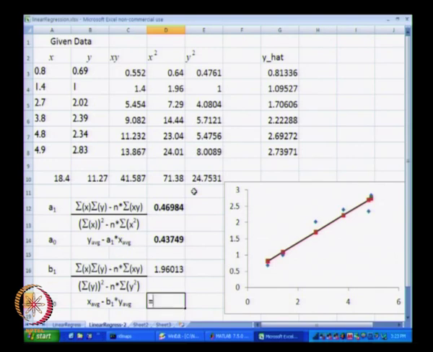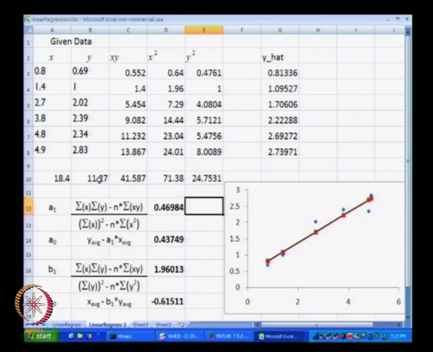So, this is nothing but summation of x minus B1 times summation of y, whole divided by n, which was 6. So, this is going to be our B0 and the above value was our B1.